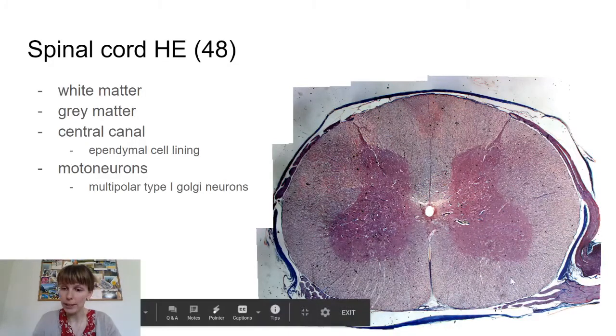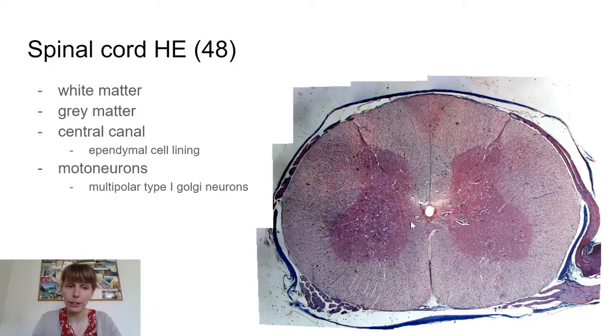So there are a lot of myelinated fibers here and therefore a lot of oligodendrocytes, and the gray matter is forming this butterfly shaped area in the middle. That's where we will see the neuronal bodies again. In the middle of the whole thing you have the central canal, where the cerebrospinal fluid flows, and it's lined with ependymal cells, the type of glial cells that I was mentioning at the beginning.